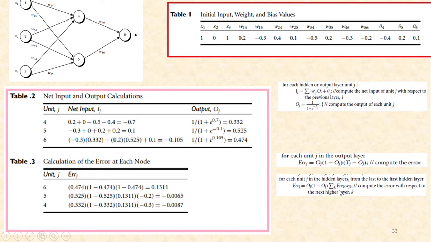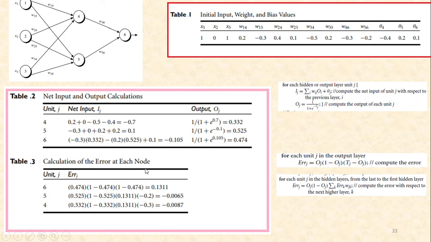K represents the neurons or calculations with respect to the higher layer. So for 5 and 4, the next neuron in the next layer is neuron 6. So now let's look at what the error is with respect to neuron 5.